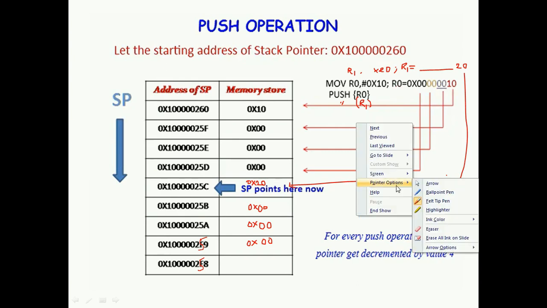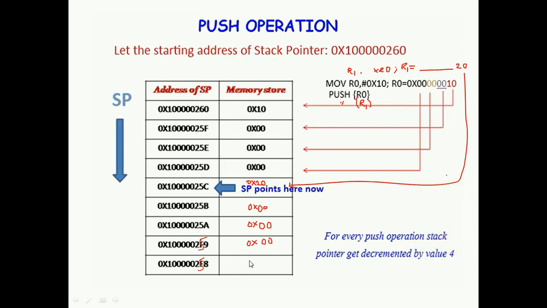Now the stack pointer is pointing to this address, that is 0x1000000258. So there are two move instructions, and two push operations on register R0 and register R1 are performed.